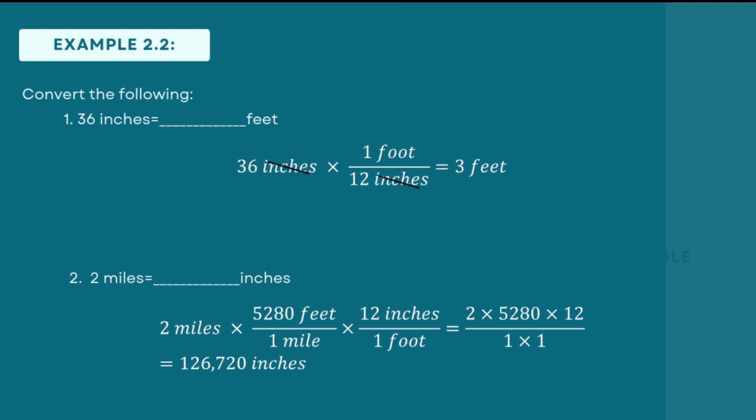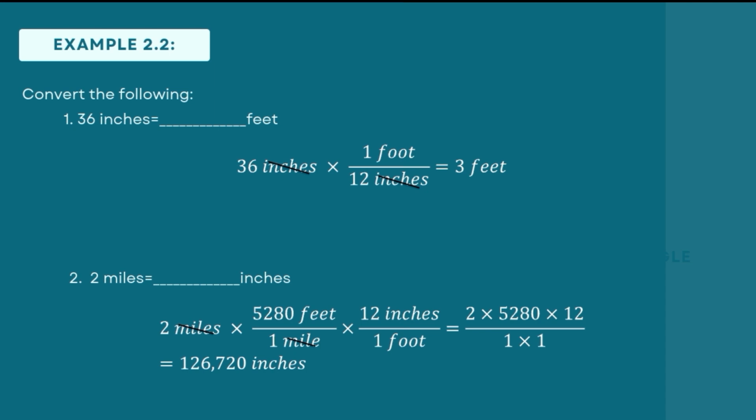So we will multiply it, and we will use 1 mile in the denominator to cancel the word mile, and 5,280 feet in the numerator. Canceling miles, what will be left is the feet.